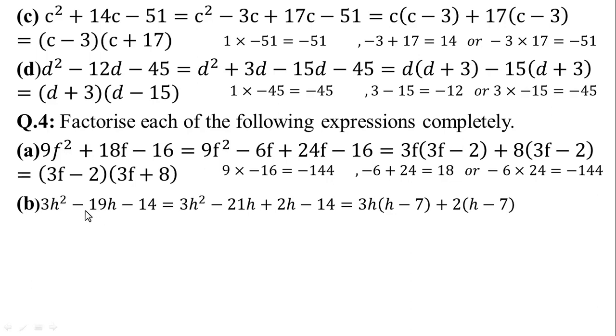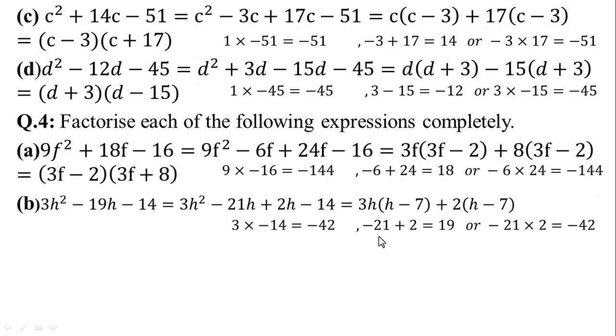In next part, 3h square minus 19h minus 14. So we have 3 multiplied by minus 14 is equal to minus 42. Here we can divide the 19 into two parts. When addition answer is 19 and multiplication answer is minus 42.